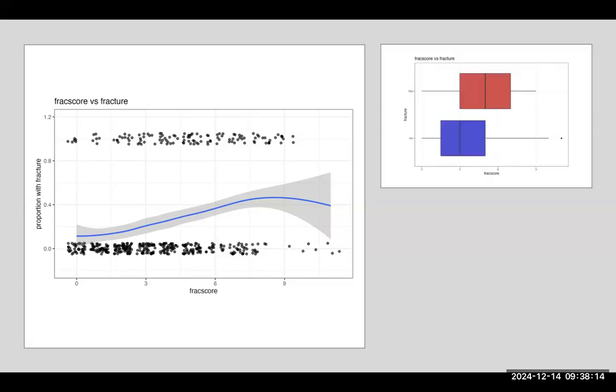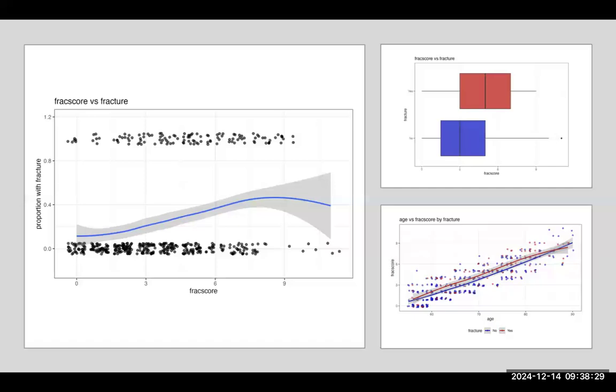You can see that here, where women who had a fracture are represented in red, and those who didn't are in blue. The distribution of those in red is higher, they have higher FRAC scores than those in blue. And here, again, this illustrates that age and FRAC score are linearly related. As age increases, so does FRAC score. So there's some potential multicollinearity here.